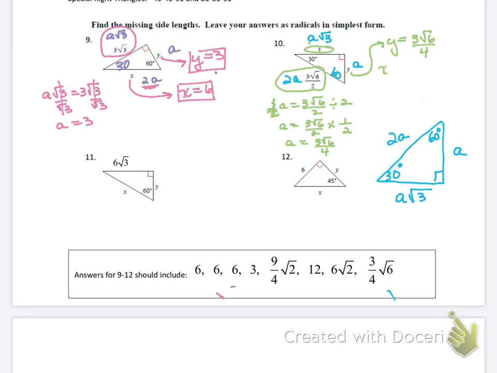Okay, so my x is going to be, write down your A, which we said was 3 root 6 over 4, and multiply that by root 3. Okay, so this is going to get a little complicated, but then it's going to be fine. Okay, so I'm going to do that multiplication. Remember that you can multiply under the radical. So that becomes 18. Let me get rid of that 6. Okay, make that 18.